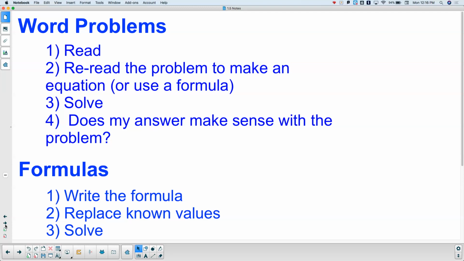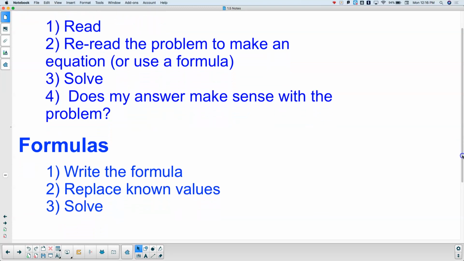No. Again, doesn't make sense. Mistakes happen. I know that. But that's a key. That's a, whoa, tap the brakes. You know what I mean? Pump the brakes, this doesn't make sense. Let me go back and see if I made a mistake somewhere along the lines. So that's what I mean by checking whether your answer makes sense. We'll also be working with formulas in this particular section.